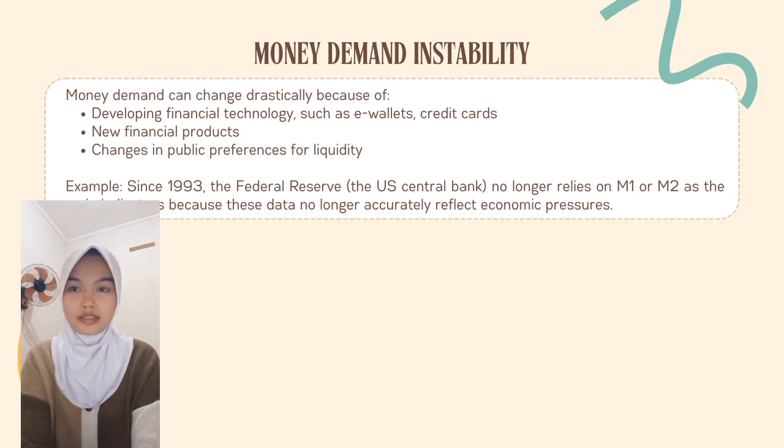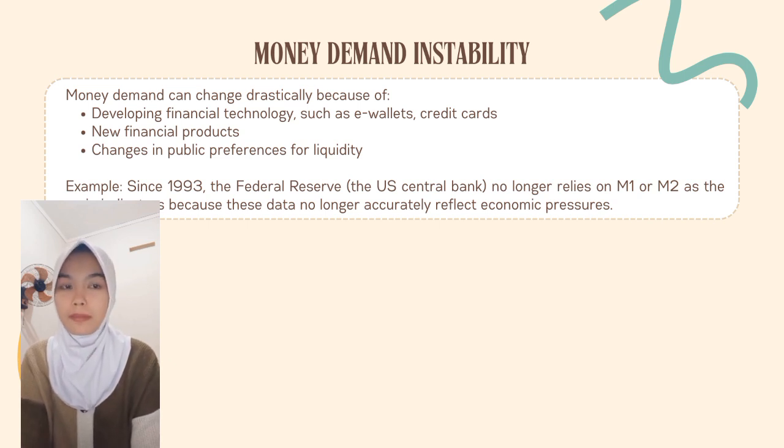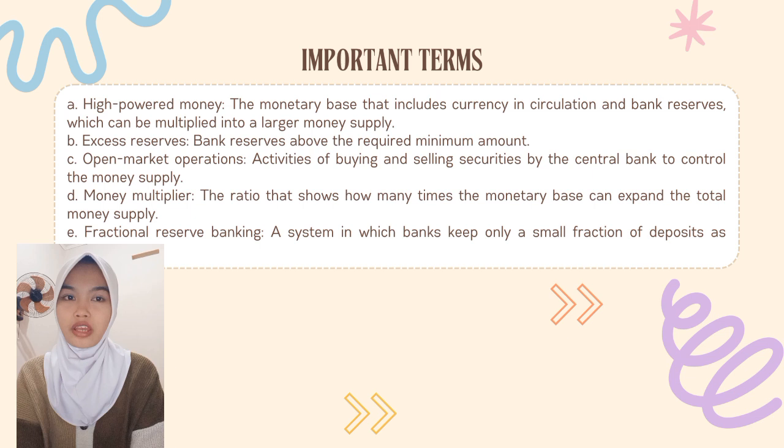For example, since 1993, the Federal Reserve, the U.S. central bank, no longer relies on M1 or M2 as the main indicators because these data no longer accurately reflect economic pressures.